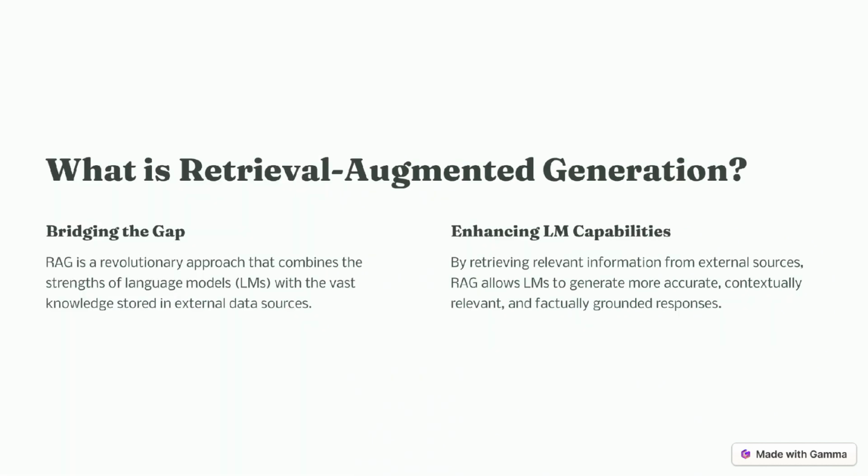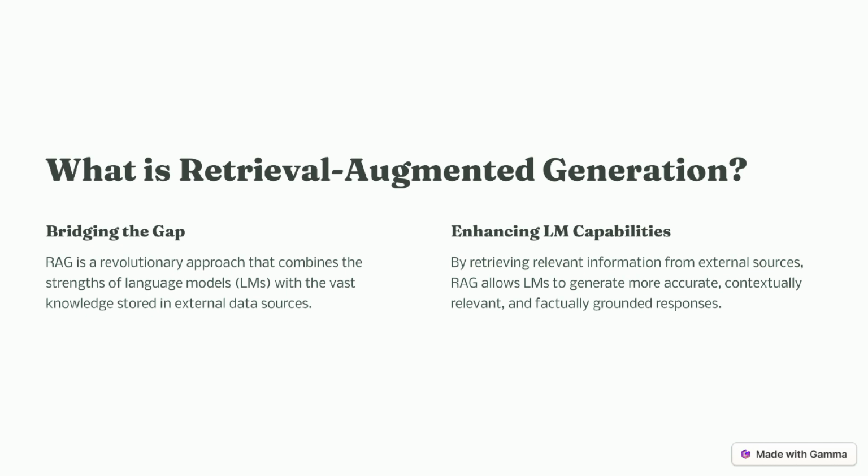Let's start with the basics. RAG is a technique that bridges the gap between language models like GPT or BERT and external data resources like databases or documents. Why is this important? Language models are great at generating text, but they don't always have access to the latest or most specific information.